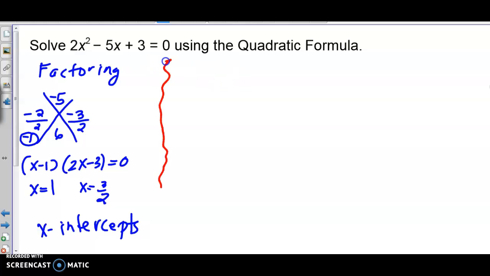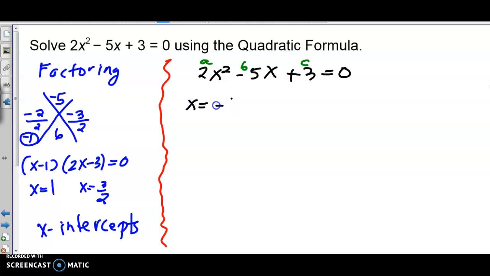Will we get the same result if we use the quadratic formula? Well, let's see. So identify first the values of a, b, and c in the standard form. So your a is 2, your b is -5, and your c is 3. So substituting in the formula, x is equal to opposite of b plus or minus the root of b squared minus 4ac all over 2a.